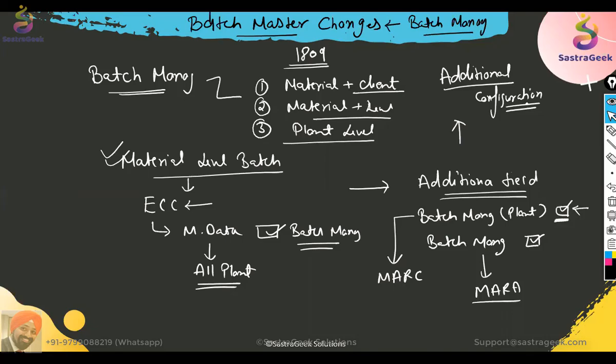I will show you that, where you can also put a default. For the few plants where the batches need to be managed, by default a tick would come as soon as you extend to the plant, and for a few places, your distribution center, where the batch need not be managed, that would not be ticked. When you create a material master, it would not be ticked.